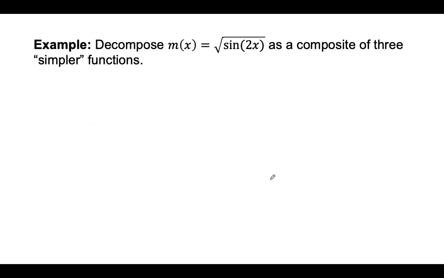So it's just by looking at the functions and determining how to decompose them. So here's an example. Suppose we have this function, m of x equals the square root of sine 2x. Let's rewrite it as a composite of three simpler functions.